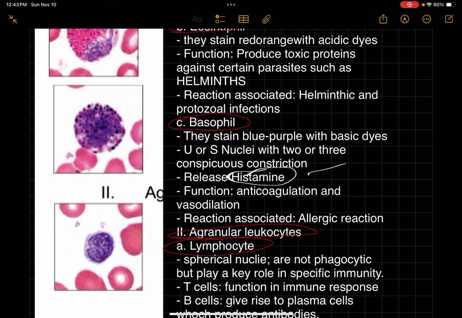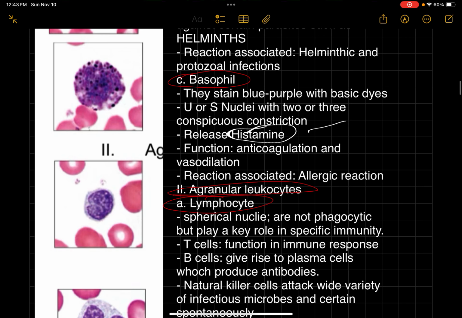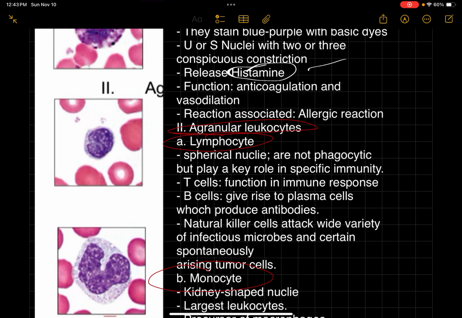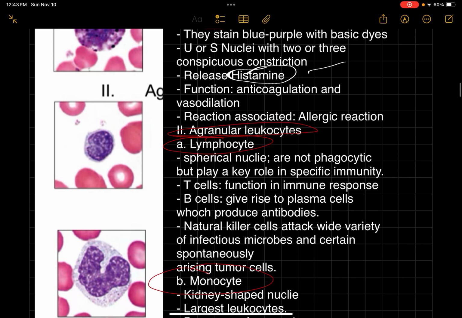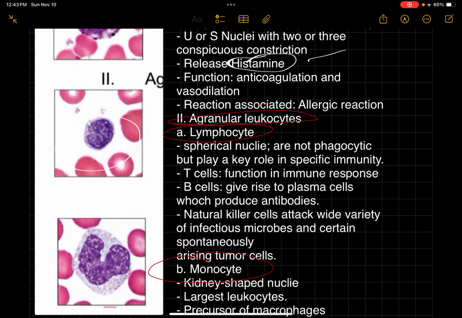Reaction associated with allergic reaction. We have agranular leukocytes, lymphocytes. Spherical nuclei, not phagocytic but play a key role in specific immunity. T cells function in immune response. So we have T cells and B cells.